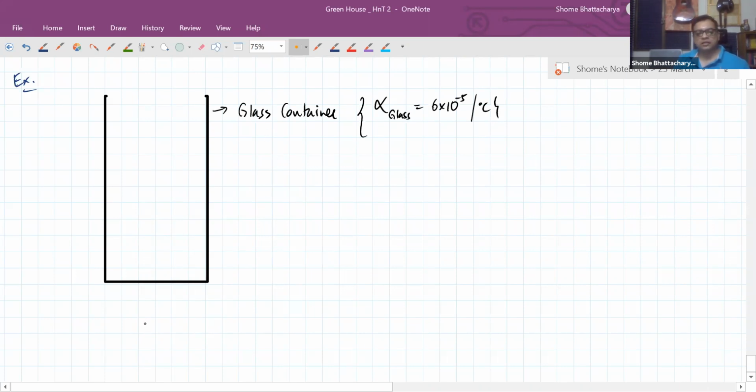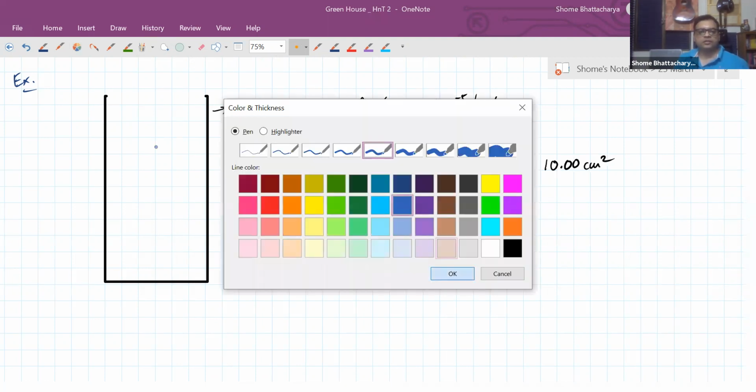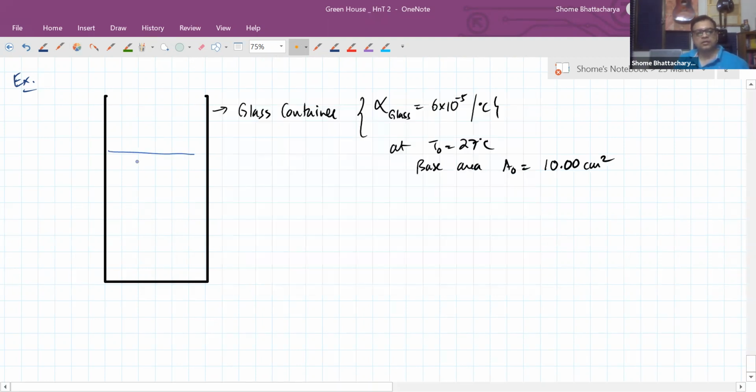And this glass container at room temperature has base area of 10 centimeters square, and it is filled with some liquid up to a height.